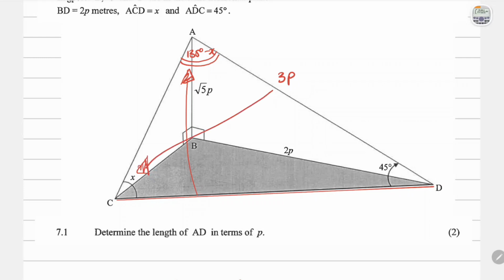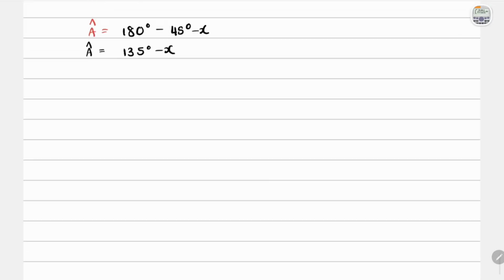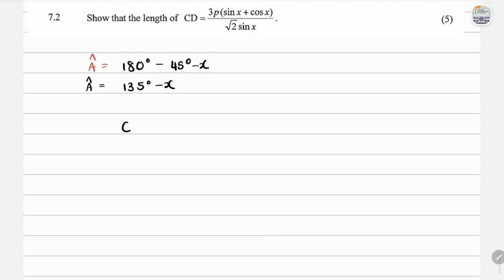And that will be the sine rule. Okay, let's go ahead and put that down. So we are saying first CD over sine of the angle we just found, 135 degrees minus X. And then this is equal to AD, which is 3P, over sine of that angle X.